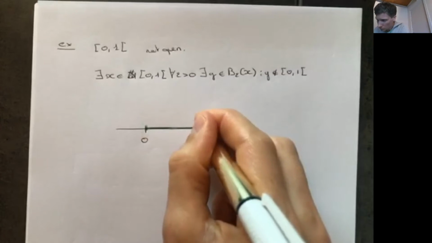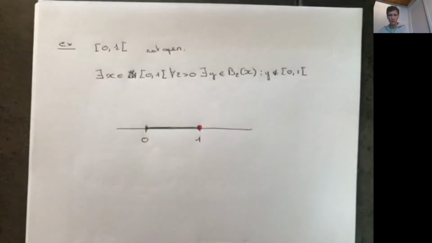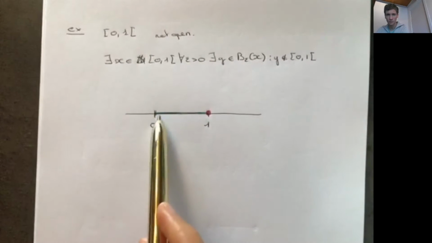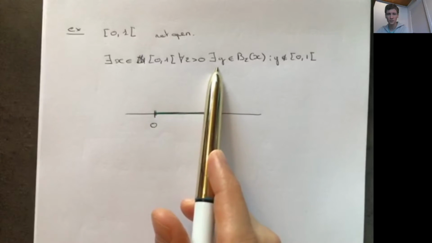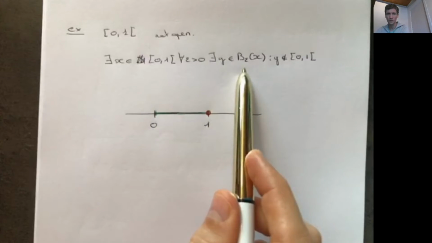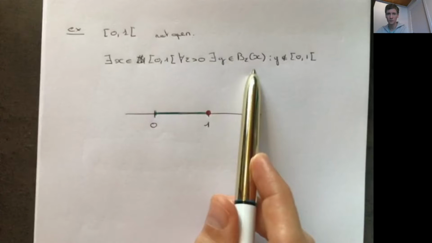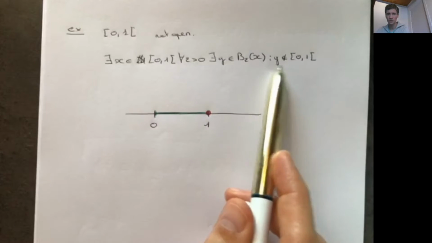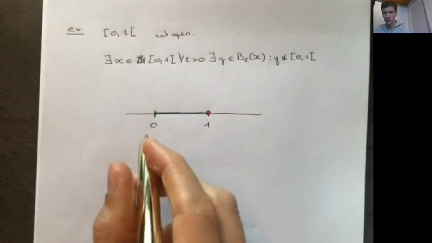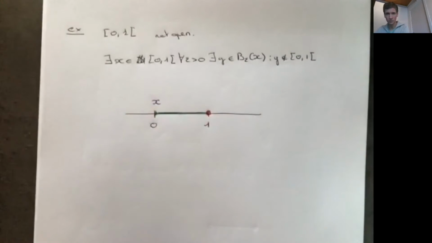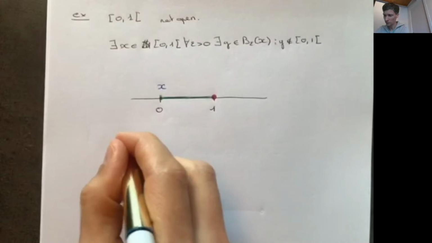I have to exclude 1. So I have to find an x on this green portion, such that for any epsilon, I can find something within epsilon distance from x, such that y is not in the interval. Here there's only one point that satisfies this, and that's the point 0. So set x equal to 0.